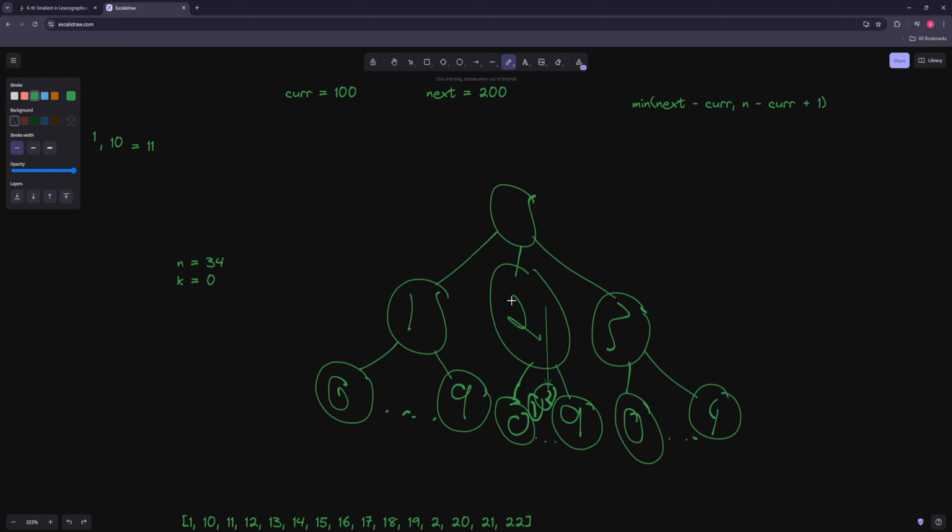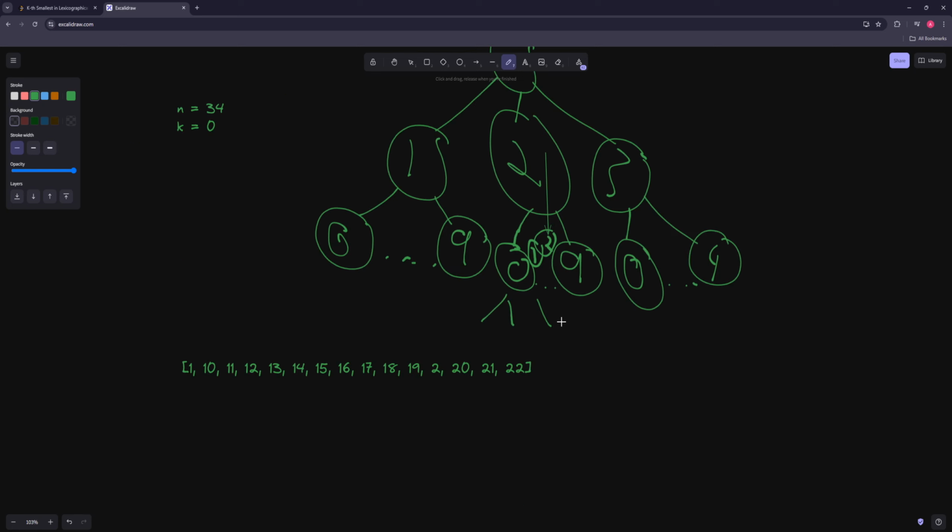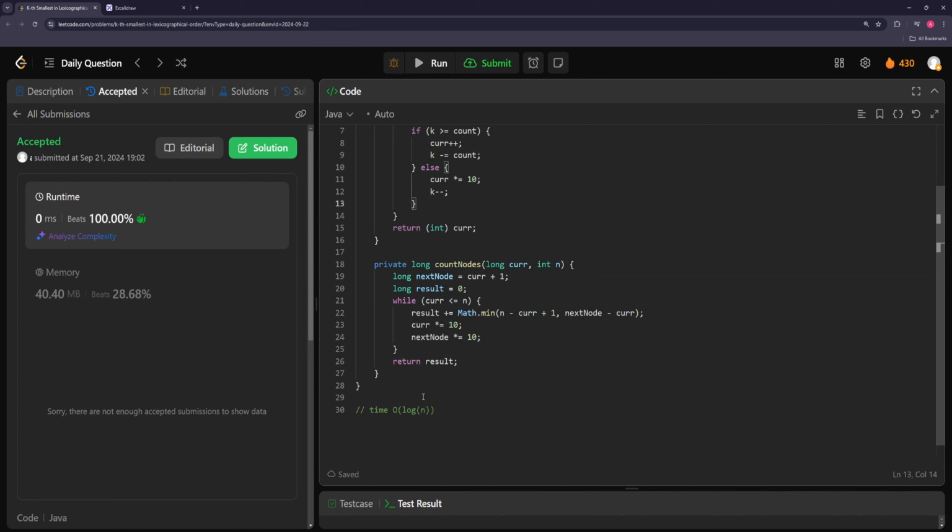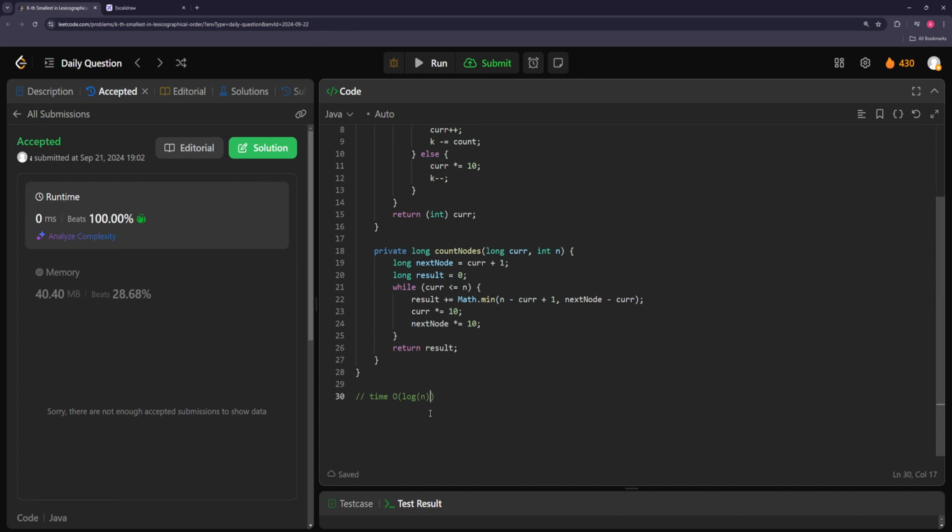Because you can't change the number before. So you pick some number and then you go to its children, and its children can only be 0 to 9. So even though this subtree eventually might look really big, you're only going to be going down one path here. And then you can only go forward 9 nodes. So going forward is basically constant time, and then going down is log n. So you can go down log n, and then every time you go down, you're going to call this count nodes. So it'll be like log n times log n, which I think is log squared n.